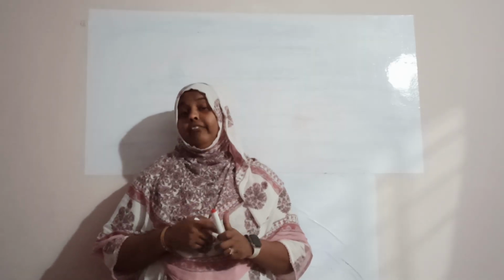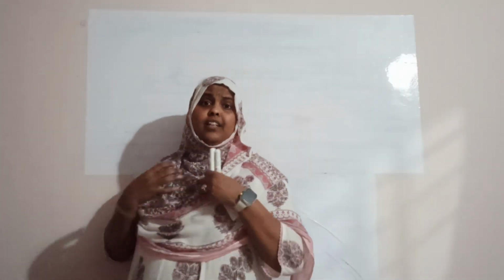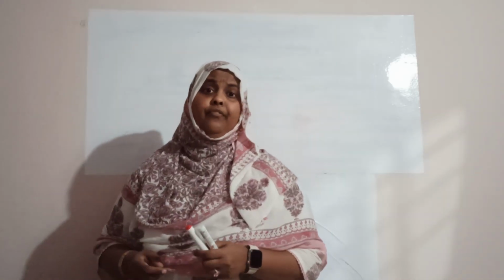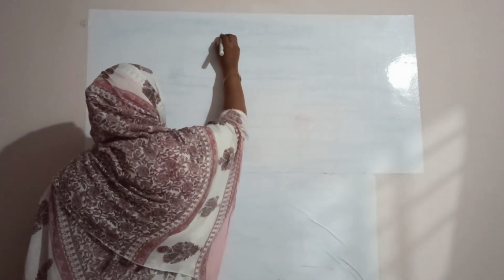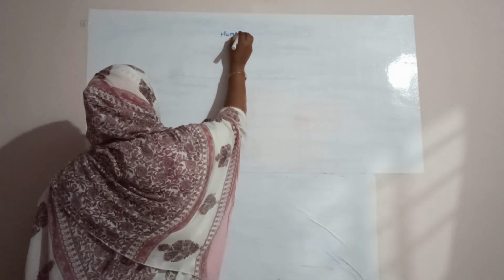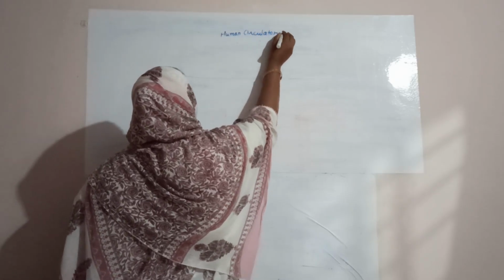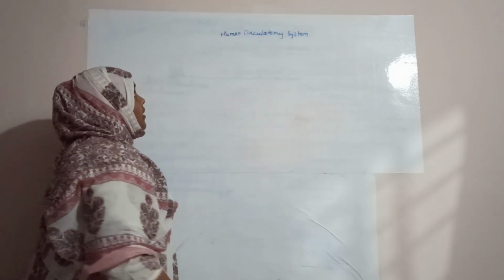Even in our foundation classes you studied the circulatory system of humans. So now give me the answer. Our circulatory system is composed of how many different things? Yes, how many different things are present in our circulatory system? Next we study the human circulatory system. Please give me the answer because you know it very well.